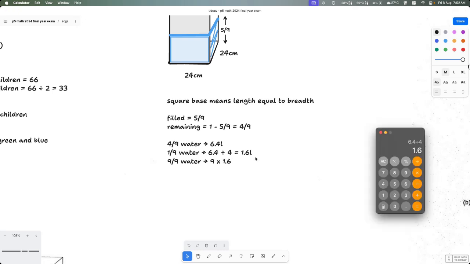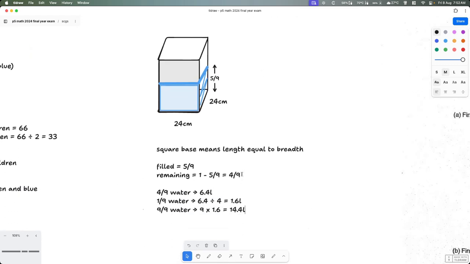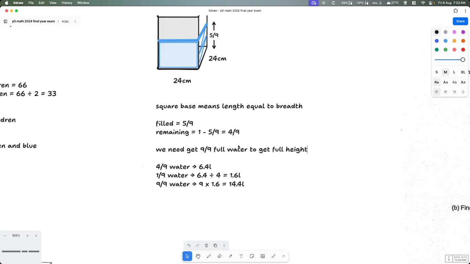Multiply by 9, this will give us 14.4 liters. So we need 9 out of 9 full water to get the full height. So we know that is the full water of the container.